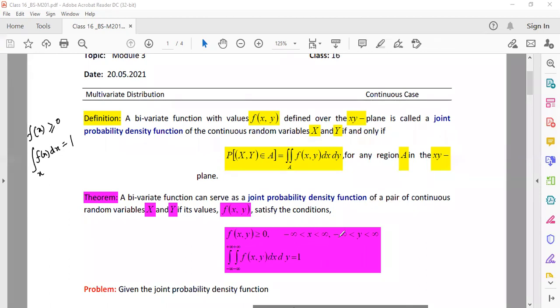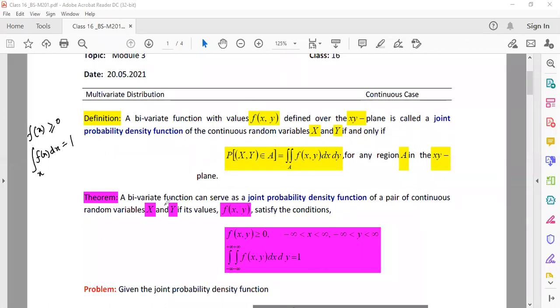Now, x can take any values in the real line and y can take any value in another real line. Corresponding to that, all these probabilities that we will be calculating will be non-negative. Negative probabilities will not be considered because you are actually in the probability space. If it were not a probability space, we could have considered any representation of fxy, but we have to keep in mind that this needs to be always non-negative because it is probability.